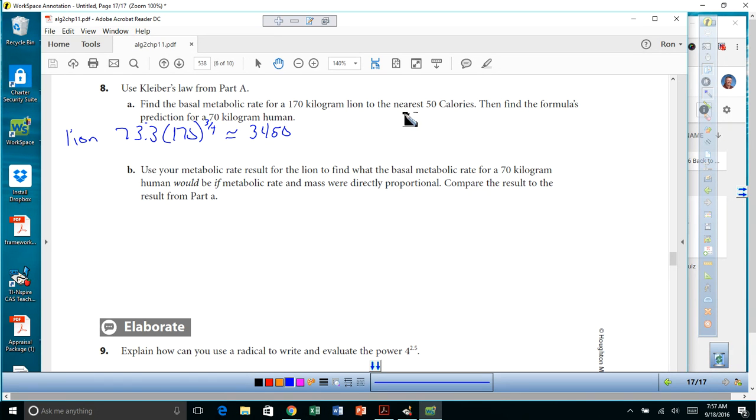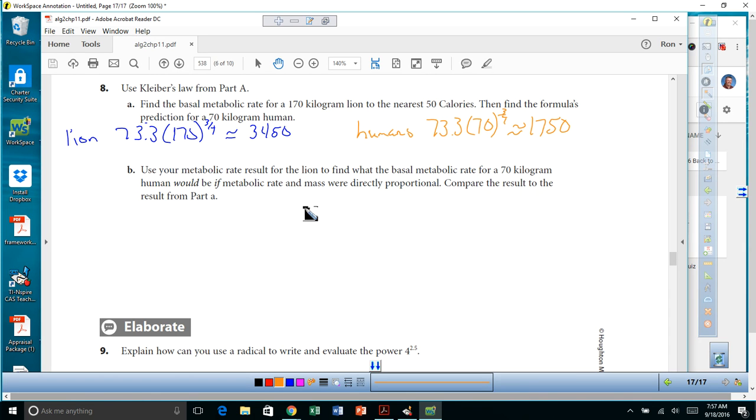For humans, that would be 73.3 times 70 kilograms to the 3/4, and that's approximately 1,750 calories. That's a little bit less than I usually take in on a day.